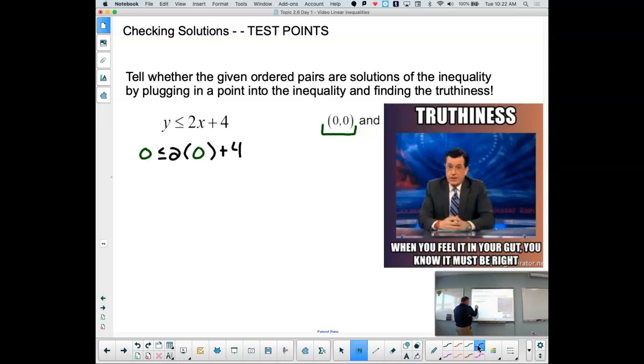So I get here 0 is less than or equal to 4. And that, ladies and gentlemen, is a true statement. 4 is bigger than 0. So that's true. So then 0, 0, the origin, is a solution.